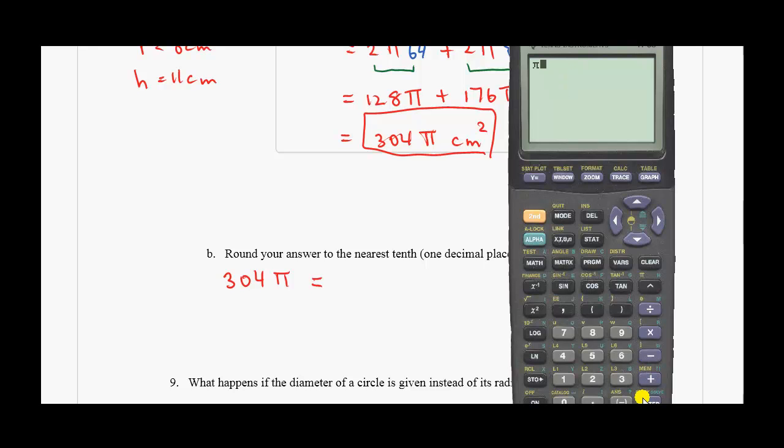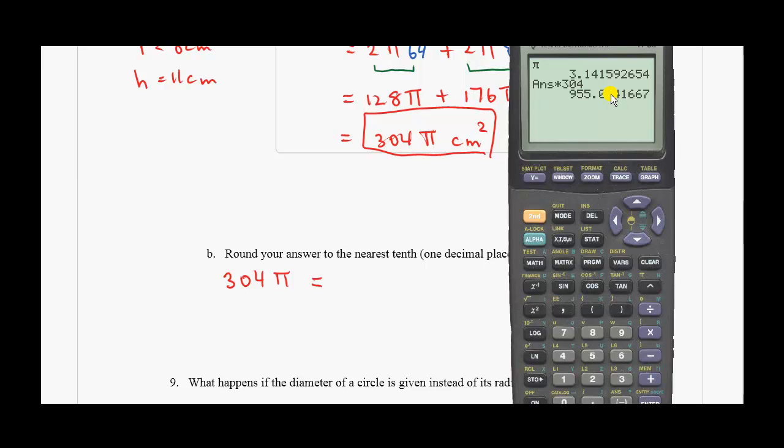I will click on enter or equals, and this value for pi is stored in this calculator's memory. I will now hit multiply, and I'll type in 304, enter or equals, and we see that this shows 955.04416667. We are asked to round to the nearest tenth, so 1 decimal.